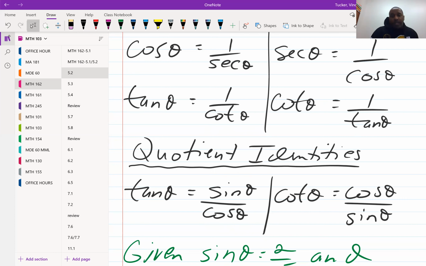And so that means cotangent is going to be cosine over sine.